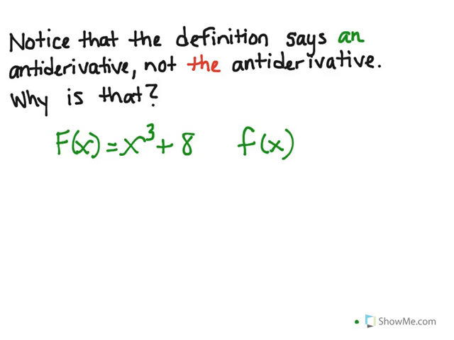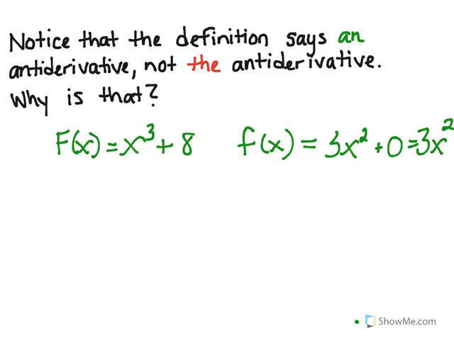Keep in mind, little f of x is the derivative of capital F of x. Well, the derivative of x cubed is 3x squared, and the derivative of plus 8 would be 0. Well, that's 3x squared. But this function, x cubed plus 8, is different from the function x cubed.